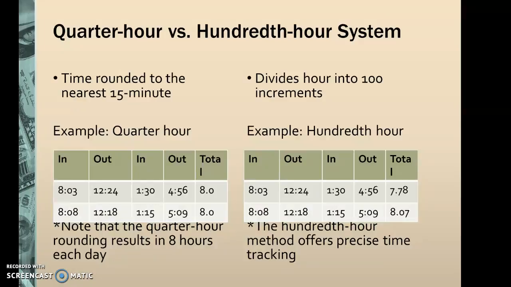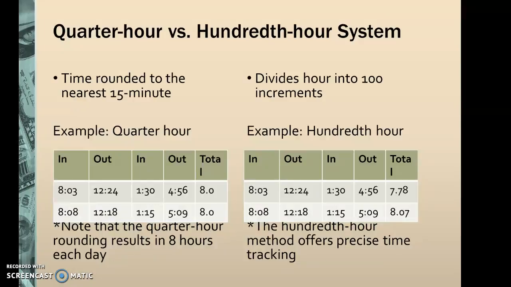An example of a quarter hour: they clock in at 8:03, clock out for lunch at 12:24, clock back in from lunch at 1:30, and punch out at 4:56 for a total of 8 hours. They would do the same for the next day. Note that the quarter hour rounding results in 8 hours each day. So it's the nearest 15 minutes.